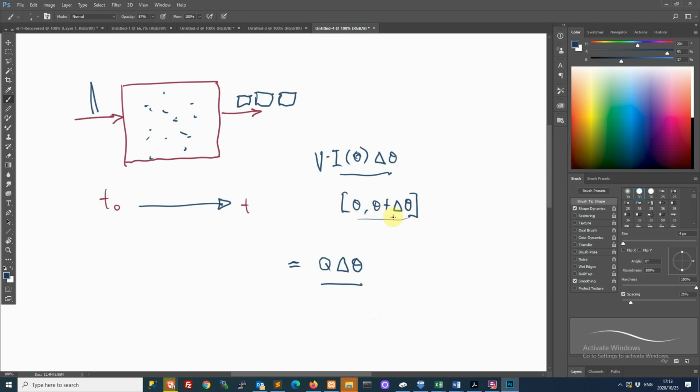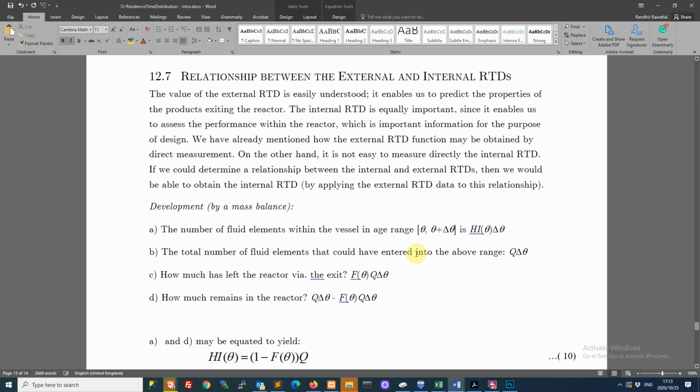So this age range has a width of delta theta. So there's a certain period of time that passed, delta theta. That's what's passed, and now this is the amount that entered in the first place, and then the amount of this that exited must be the amount that's at the exit point.